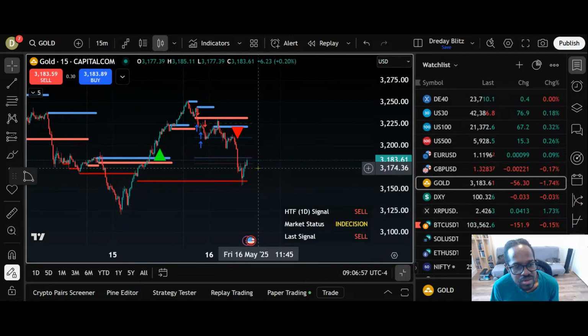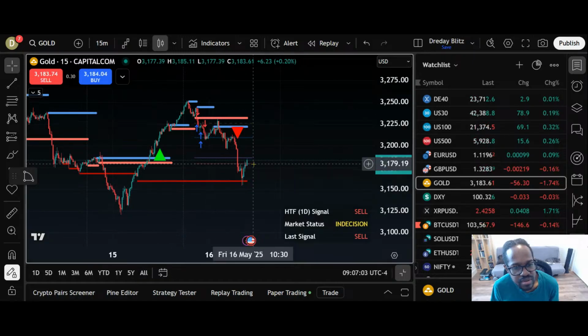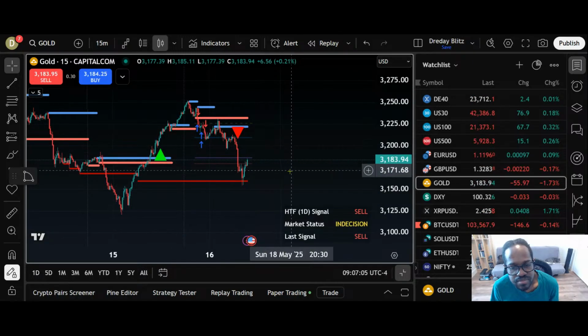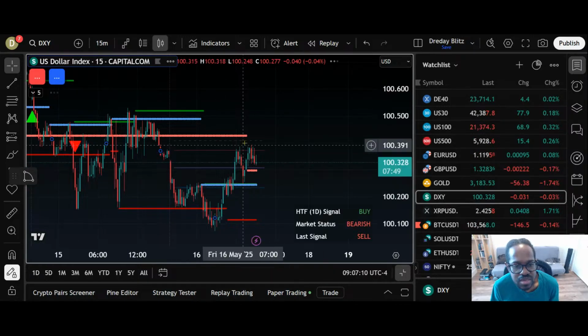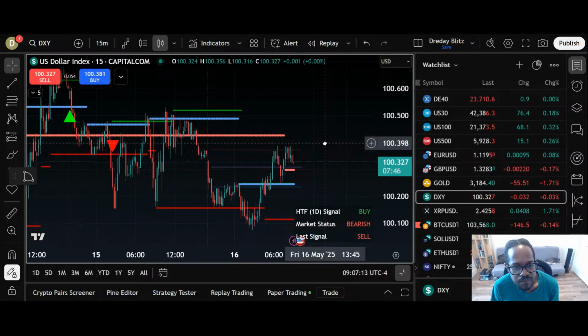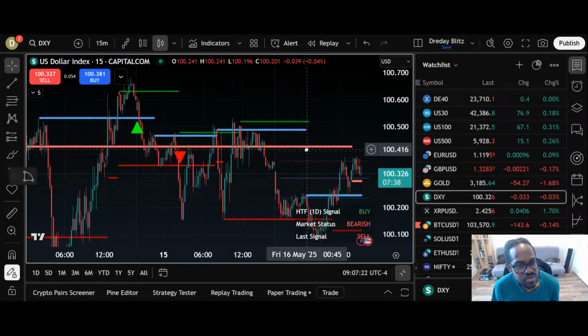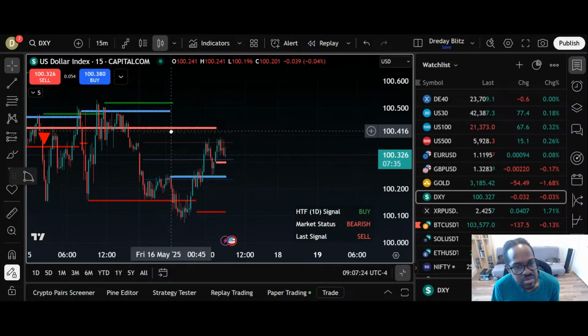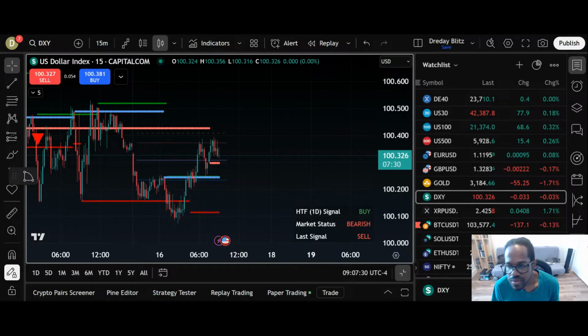So now I think gold is finishing taking the liquidity that was down there to go up. And let's look at the DXY. Yeah, DXY nothing so far. The last signal was a buy here. And that's pretty much it. Perfect.